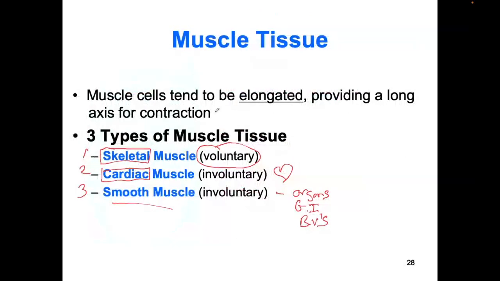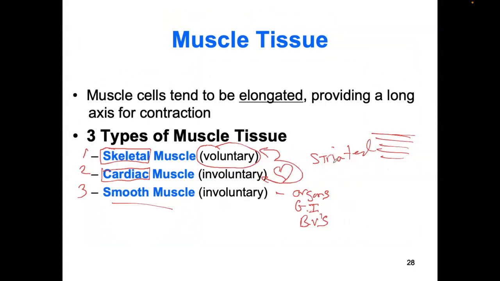Now, let me go back here again. I also want to tell you that these two, skeletal and cardiac, are referred to as striated because when you look at them, you're going to see lines. They look striated.